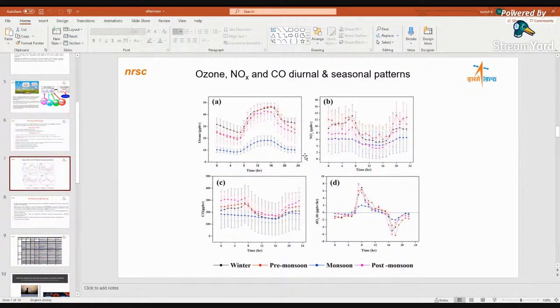So the maximum varies seasonally, sometimes in pre-monsoon, sometimes in winter. But in monsoon the concentration will be low because of the rain; the pollutants are washed off, and ozone is generally low in the monsoon season.